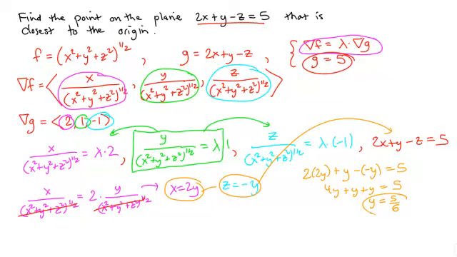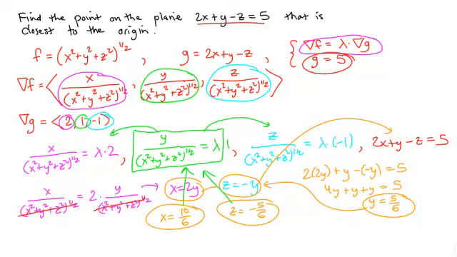Now that we have the value for y, we can go backwards and figure out that z has to be negative 5/6. We can also figure out that x has to be 10/6. And last but not least, we can plug all of these values into any one of our equations to work out the corresponding value of lambda.